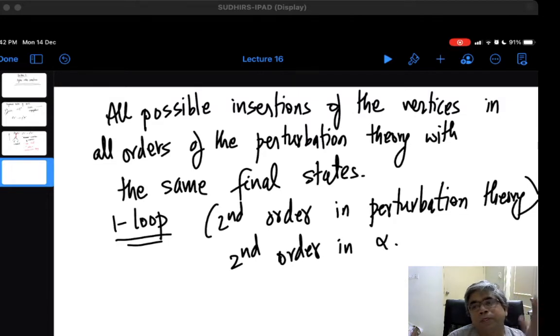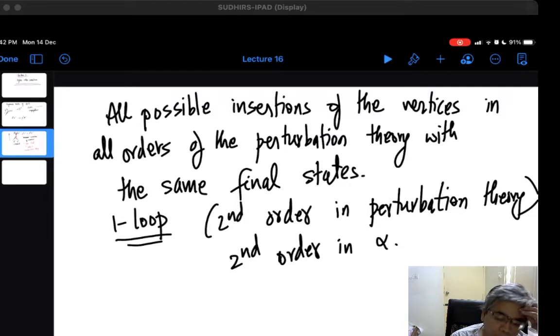We have seen that every physical process can be written in terms of alpha, alpha squared, and so on. So these are the alpha squared contributions. What would be these contributions starting from this diagram? Because we only want those final states which are interesting for us.